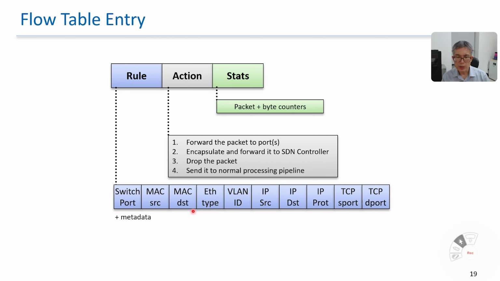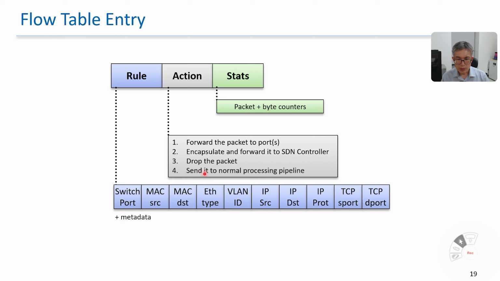So this combination makes a rule. In the action case: first, forward the packet to the appropriate port. Secondly, encapsulate and forward it to the SDN controller for further processing. And thirdly, drop the packet.